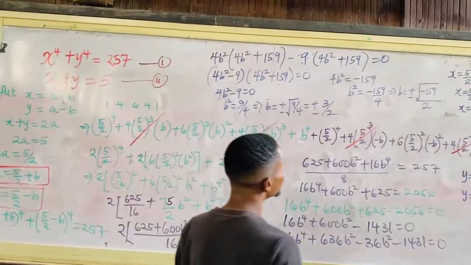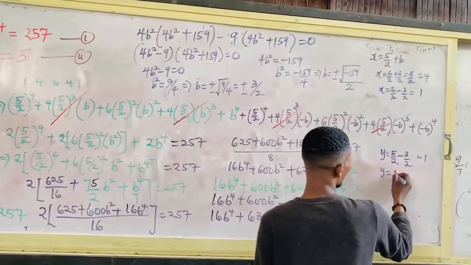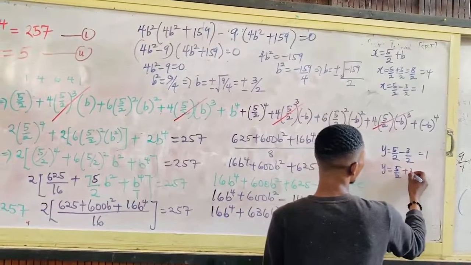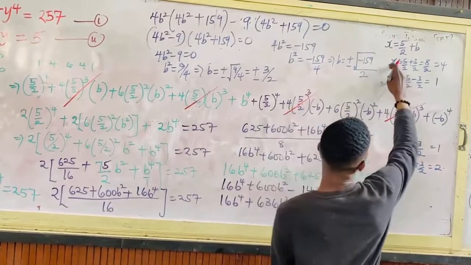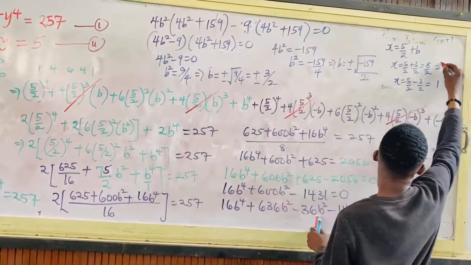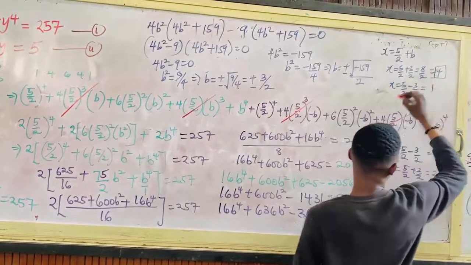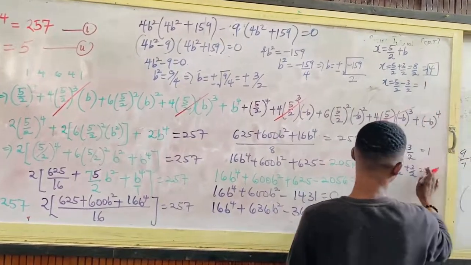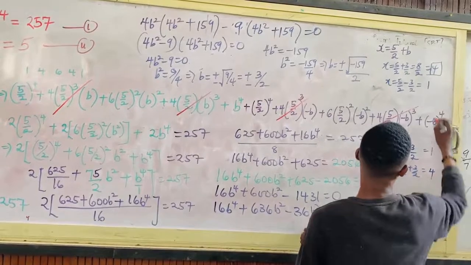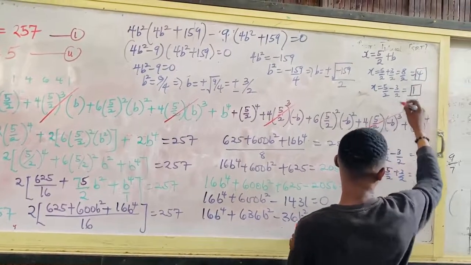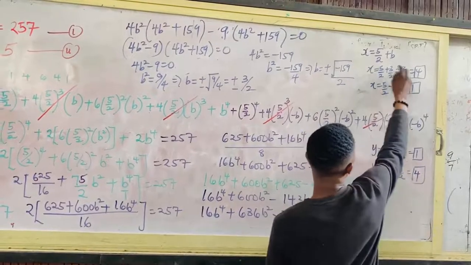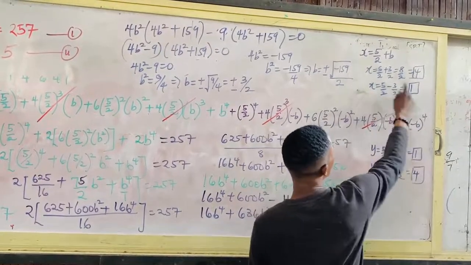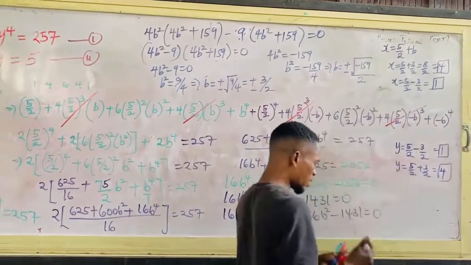When b is minus 3 over 2, that gives 5 over 2 plus 3 over 2, which is 4. So when x is 4, y is 1. When x is 1, y is 4.